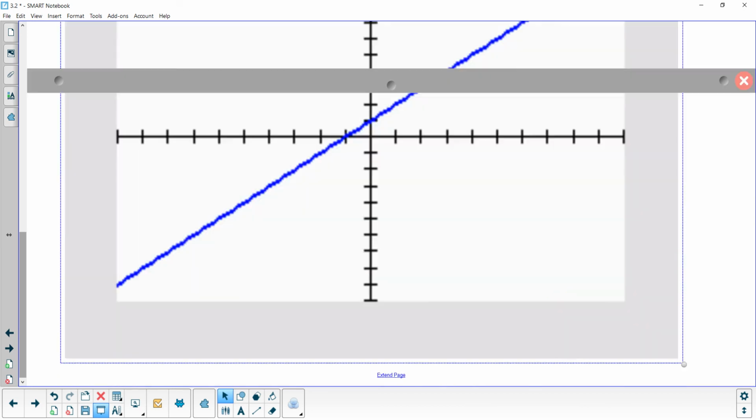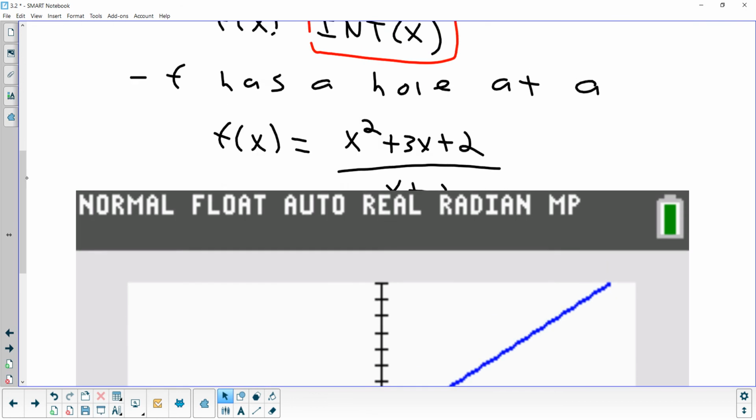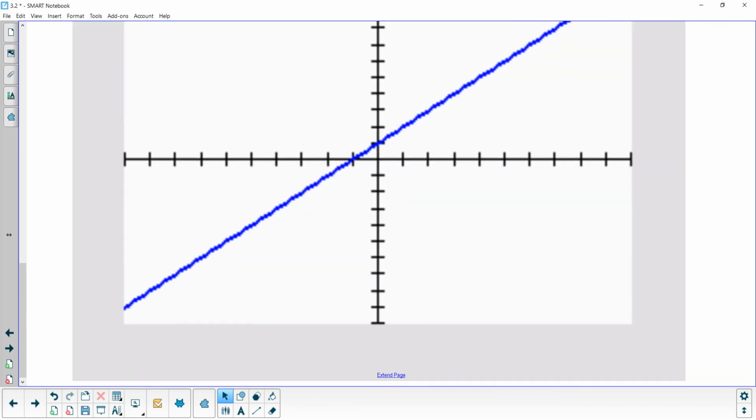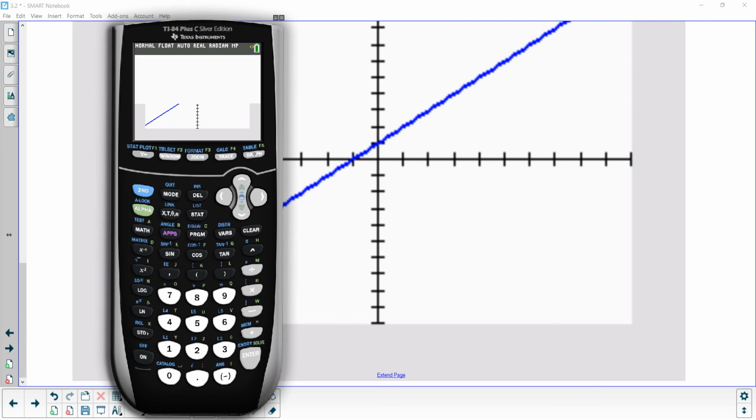So the tricky thing about this is if you look at a graph, you can't find this discontinuity. I can go to the table and I can plug in -2 and it'll tell me it's an error. It'll tell me that you can't plug in -2 because you're dividing by 0. If I plug in -1.99999, that's perfectly fine.